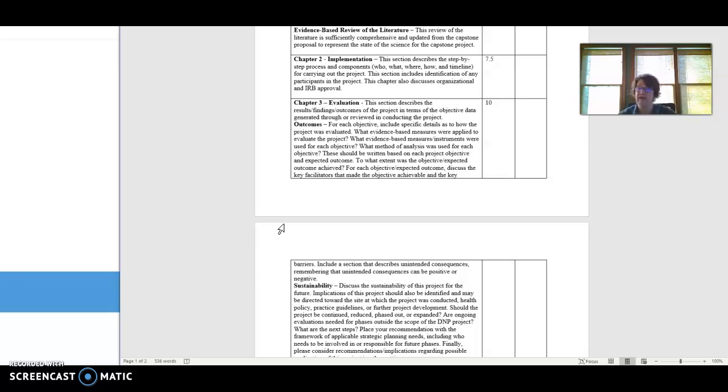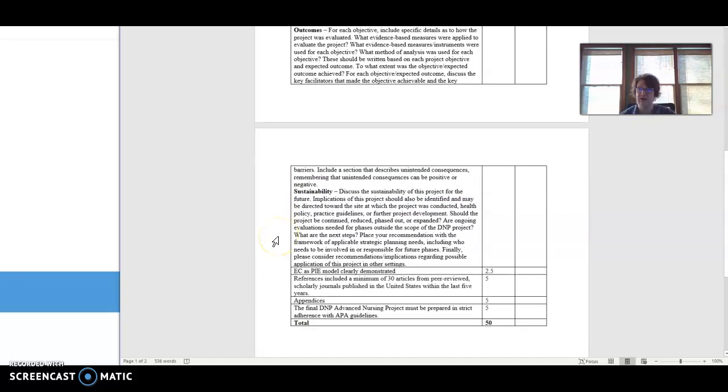We're looking at if the projects were actually effective in your area of practice, your population, or whatever your area of focus may be. That's a key element of implementing evidence-based practice. We want to make sure that it's effective for the group or the situation that we're looking at. So that's how everything ties together.